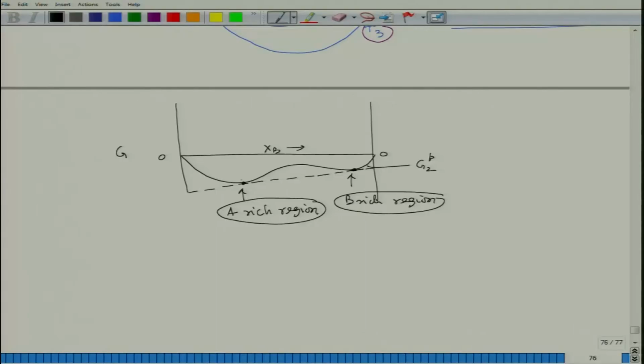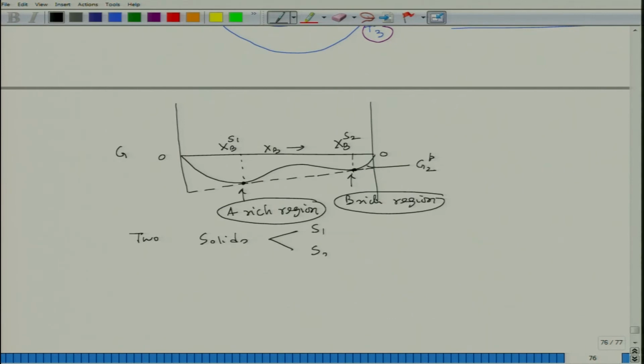At that time we got this G2 line to be continuous from 0 to 100% B, and now we are having two solids, one with a composition XA of solid 1 and then this is XB, I can put it in terms of XB, this is XB of solid 2.